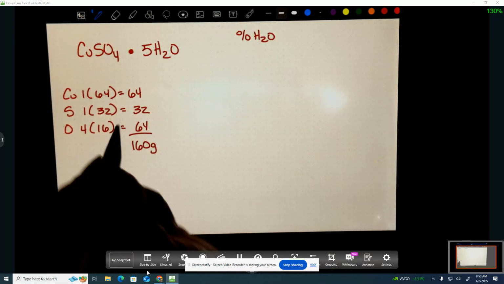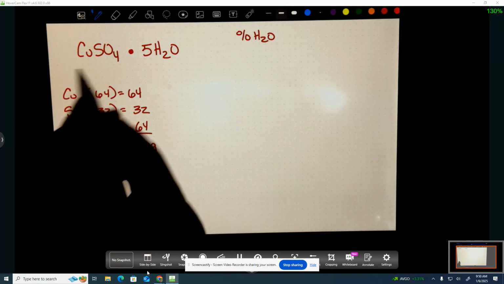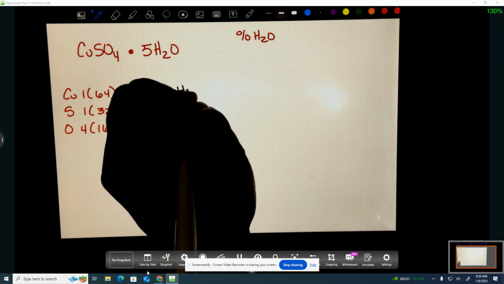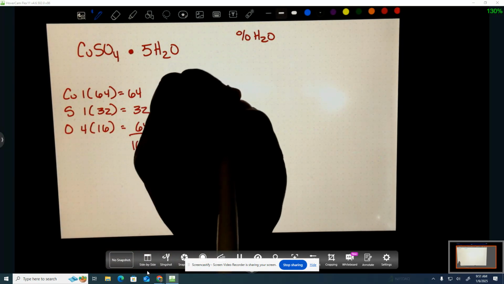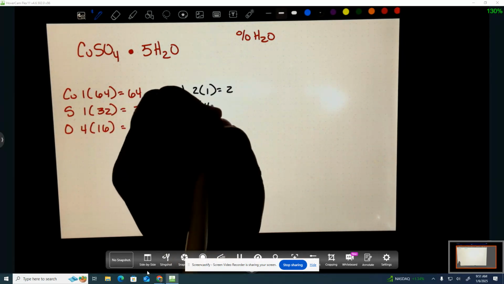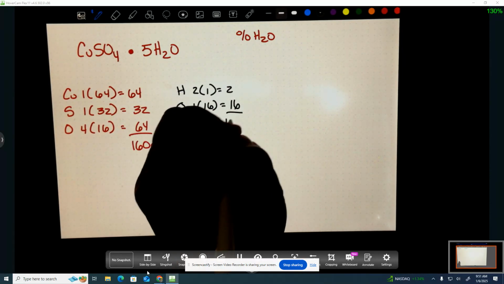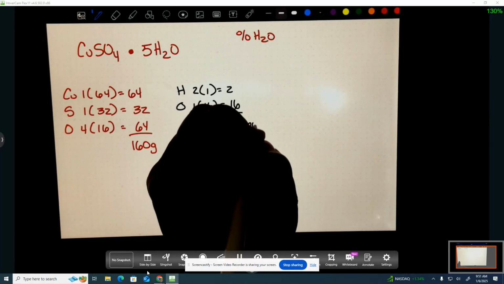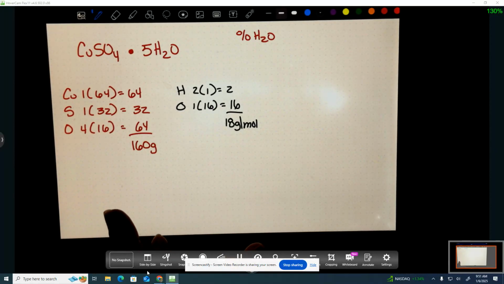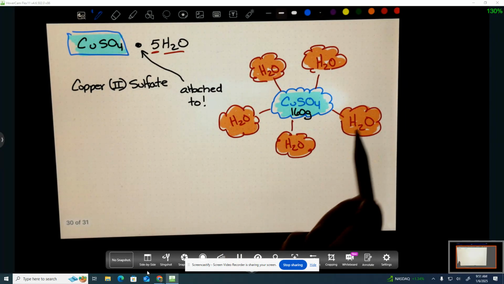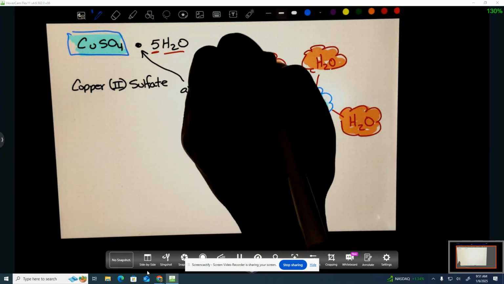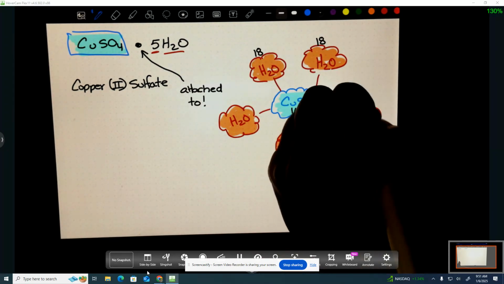How much does the water weigh? 18. Water, there's 2 hydrogens, and there's 1 oxygen, which means it weighs 18 grams per mole. That means 18 grams per group. How many groups do I have here? 5. So each one of these is 18.